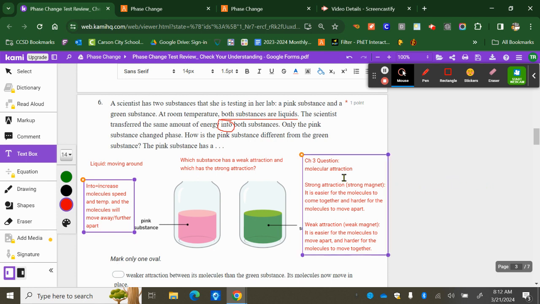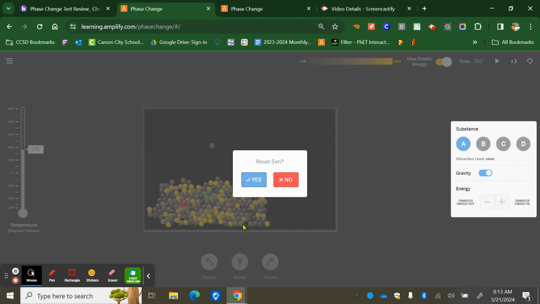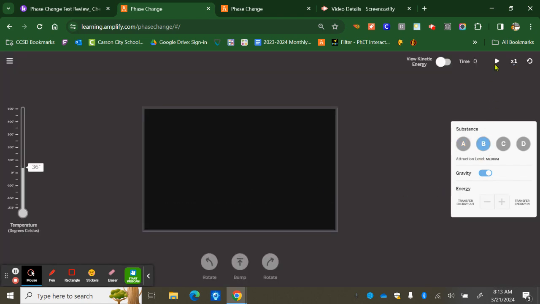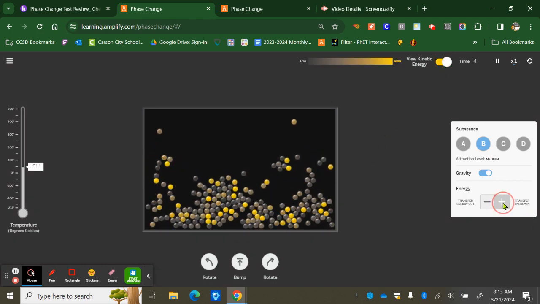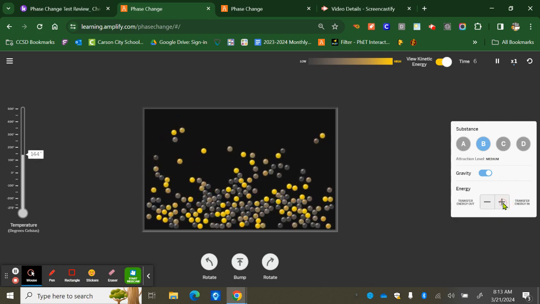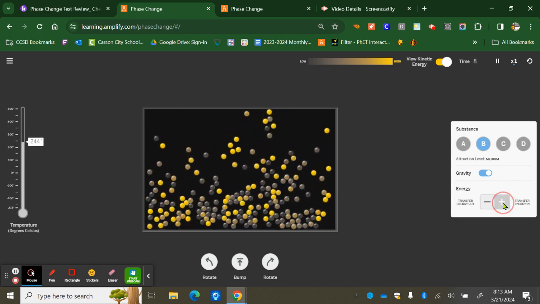Okay, so thinking about that, we know that it started as a liquid and we're increasing energy. So what should it become? It should become a gas, right? If I increase the energy of my liquid, it's eventually going to become a gas. And we can look at that, right? If I start with a liquid and I slowly transfer energy into my liquid, it should become a gas, right?